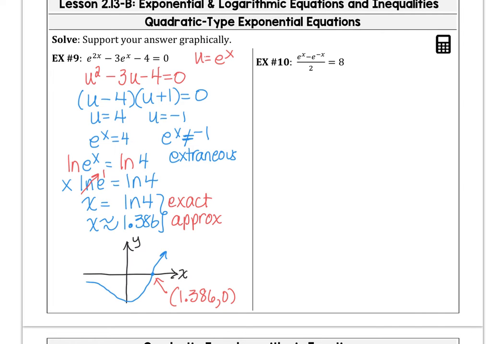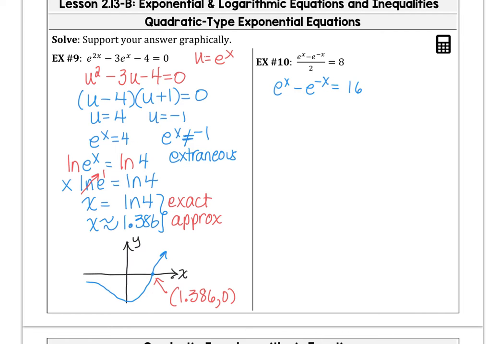Okay, example 10 is a little more complicated. We want to multiply both sides by 2, so e to the x minus e to the negative x is 16. And let's think about this.